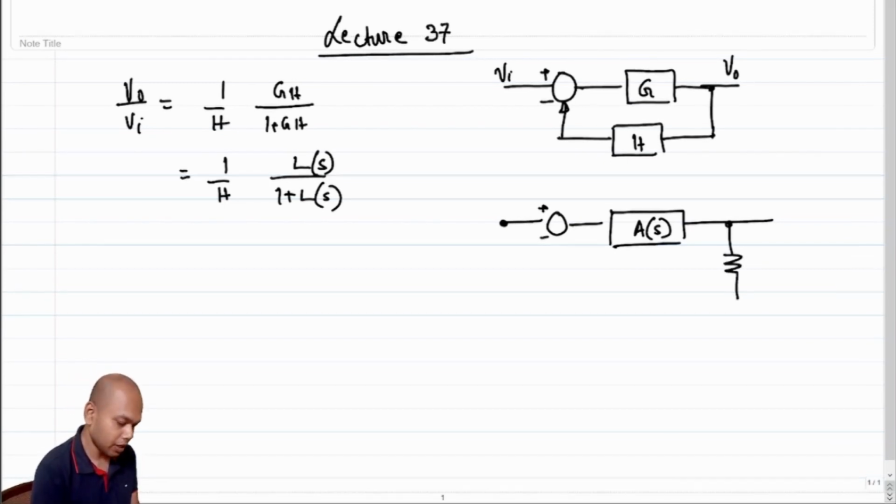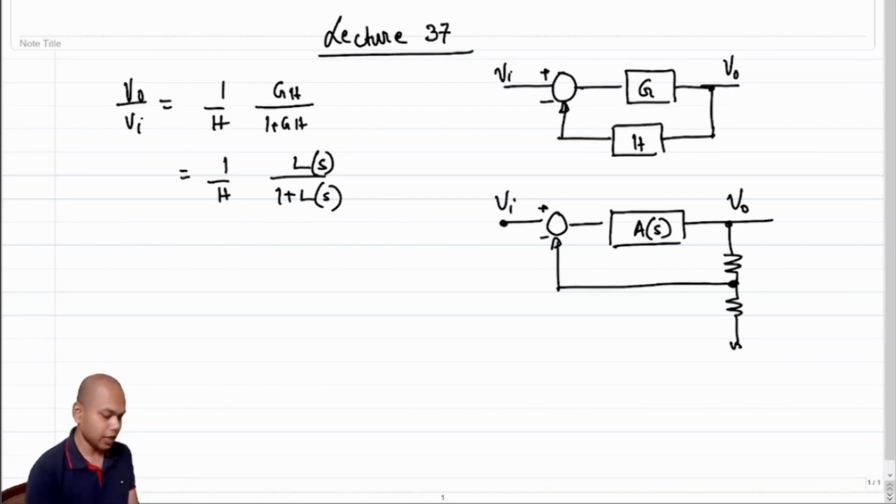More importantly, we also saw that as the frequency changes, some phase lag starts to build in between V naught and Vi. At very low frequencies, the phase of V naught is almost equal to that of Vi, but as frequency increases, the phase alignment between V naught and Vi also starts to differ.